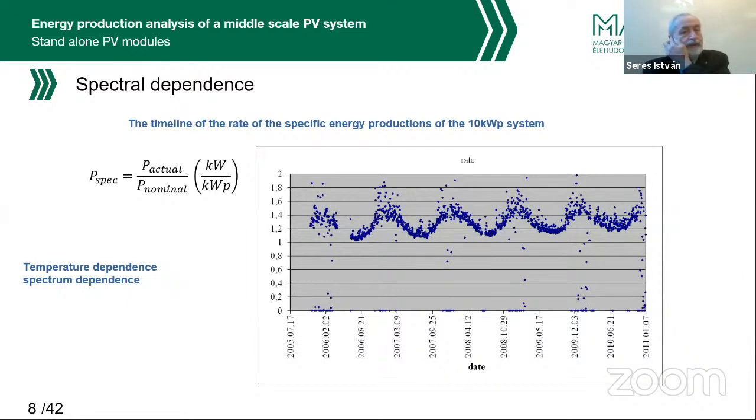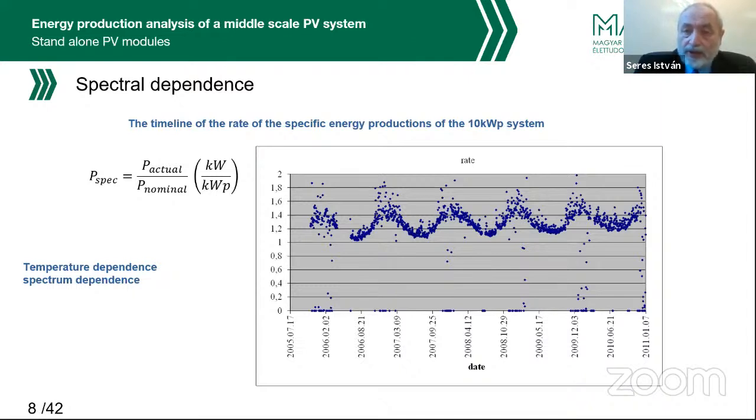So what we did, we defined a so-called specific power, which is the actual power of the system divided by the nominal power. So we looked at how much power or energy is produced by 1 kilowatt peak of modules.